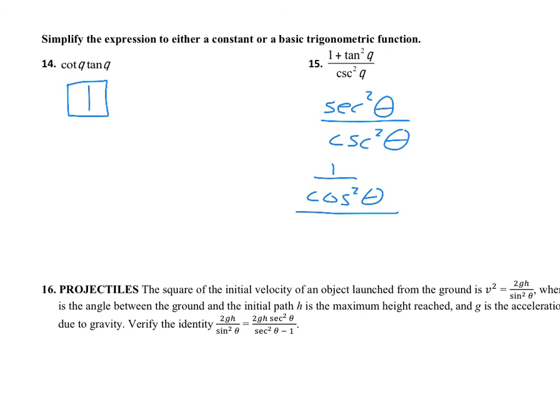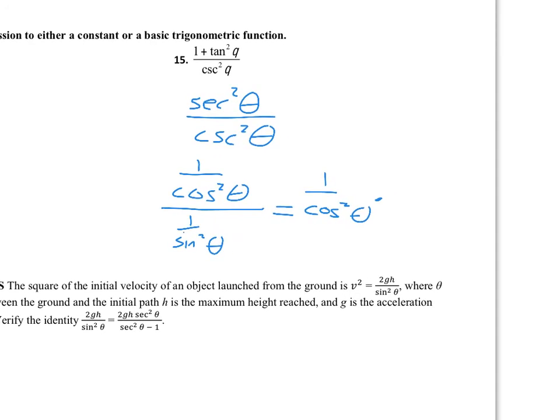And we could change cosecant to 1 over sine squared theta. We know that dividing by a fraction is the same as multiplying by the reciprocal. So the reciprocal of 1 over sine is just sine. And now we have sine squared over cosine squared, which is tangent squared.